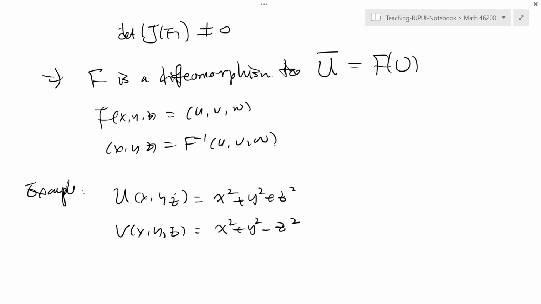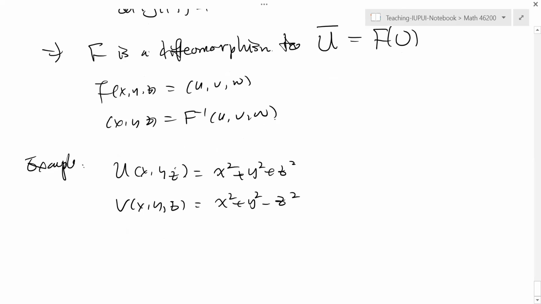I need another one, right? The third one is a plane. This is a sphere; I have a family of spheres here.